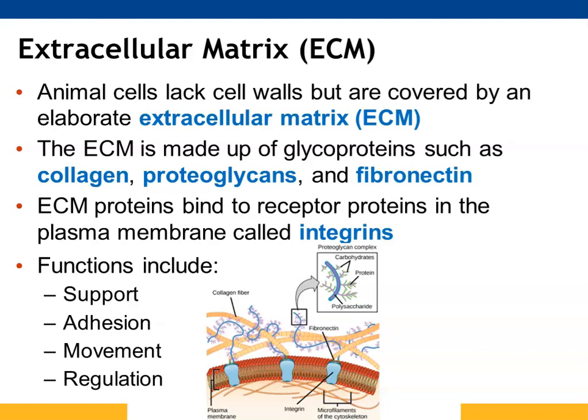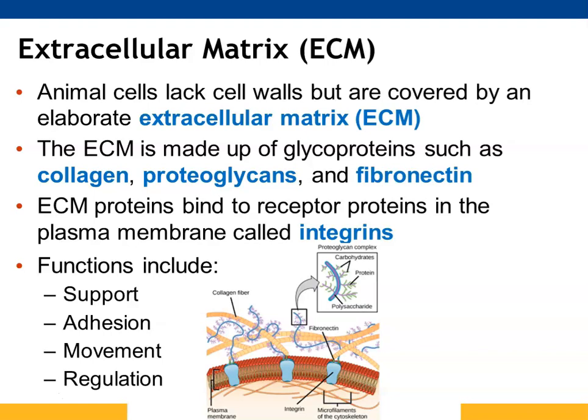The extracellular matrix is found in our animal cells, and basically it's just surrounding the cell membrane of our animal cells. It consists of glycoproteins like collagens, proteoglycans, and fibronectin. Extracellular matrix proteins are able to bind to receptor proteins called integrins.